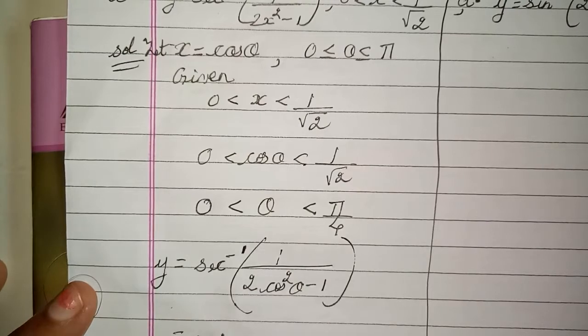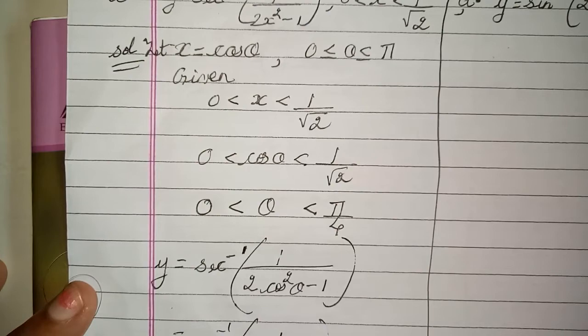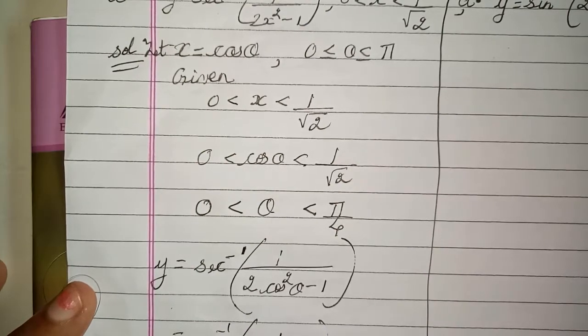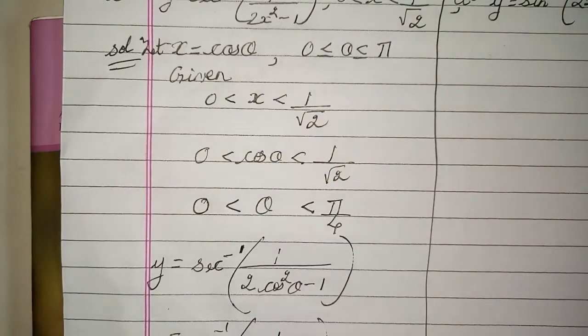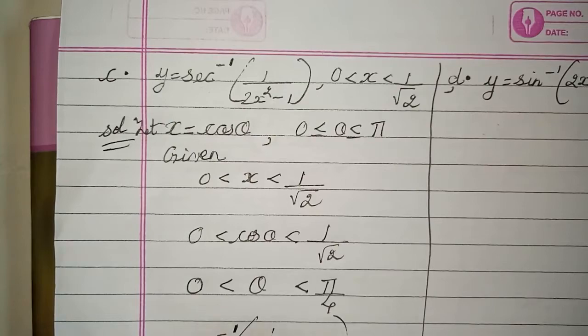So this is sec inverse of 1 upon cos 2 theta's formula, which is nothing but sec inverse of sec 2 theta. Now can I cancel sec inverse and sec? Yes, I have to cancel sec inverse and sec because my 2 theta I want, no?